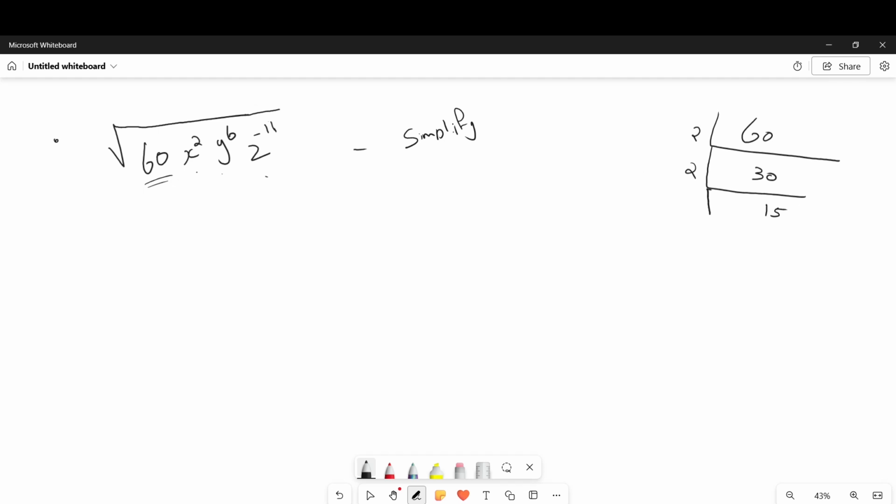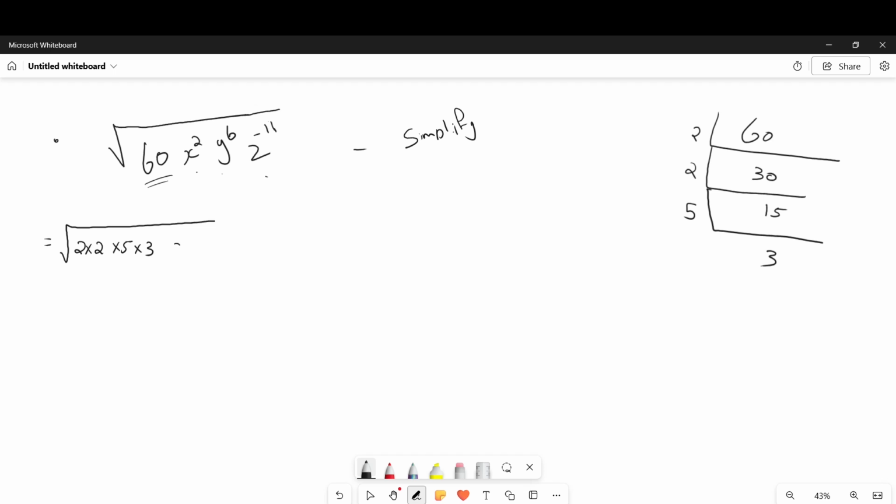Again how we can divide 15 is by 5, it is 3. Finish, 3 we cannot factor again. So we can rewrite this expression as root of 2 times 2 times 5 times 3.